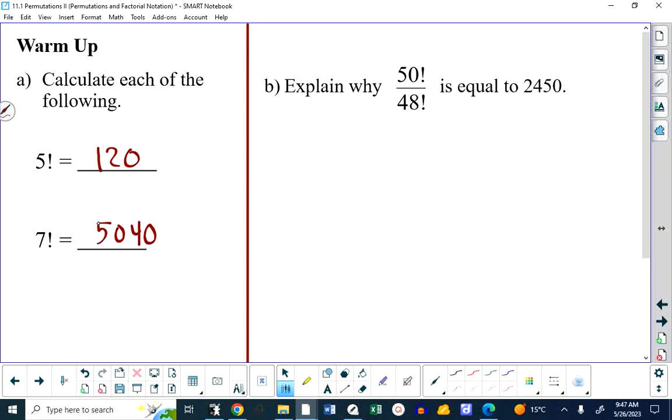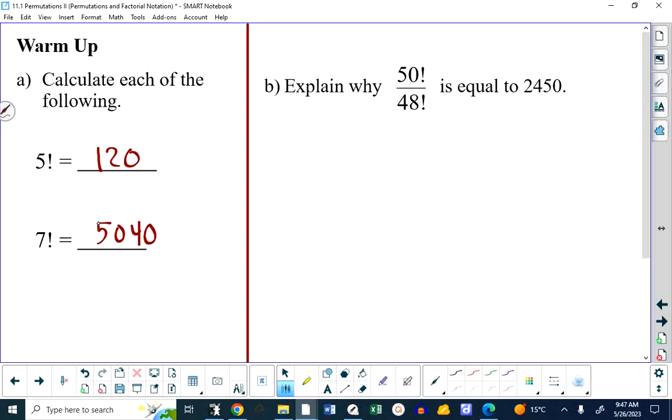I'm talking really early, like junior high-ish. You learn about squaring numbers, and sooner or later you go, oh, wow, 7 squared is 49. 9 squared is 81. Sooner or later you'll say, oh, well, 3 factorial is 6. 4 factorial is 24. 5 factorial is 120. 6 factorial is 720. I usually can get up to 7 factorial, and then my brain just says, I better calculate it to be sure.